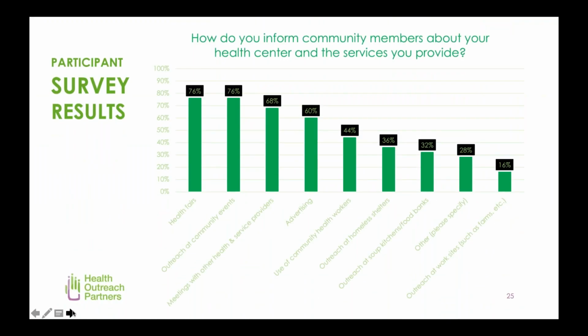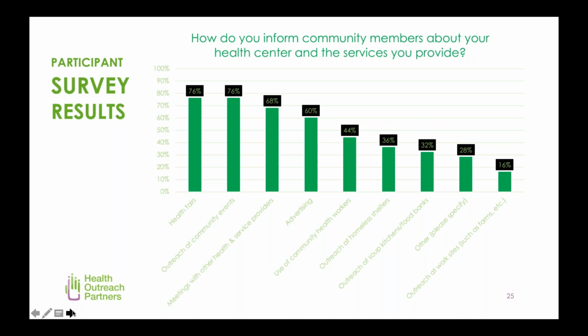We also asked you about what your best outreach strategies are and your best strategies for connecting people to care. And 3/4 of you talked about doing health fairs and doing outreach at community events. Almost 70% talked about having meetings or doing presentations with other community health providers, other social service providers.